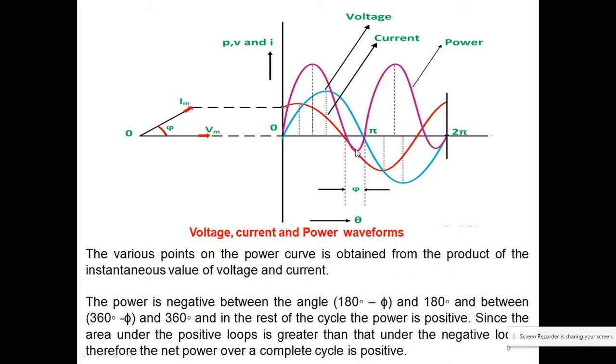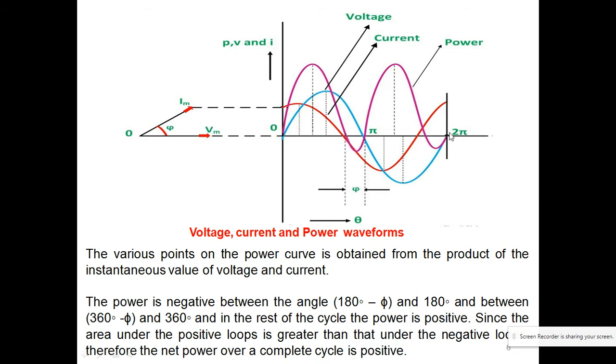You can see this is the negative portion of power, and this one is the negative portion of power. This is pi, so from pi minus phi, that is the duration in which we have negative power.